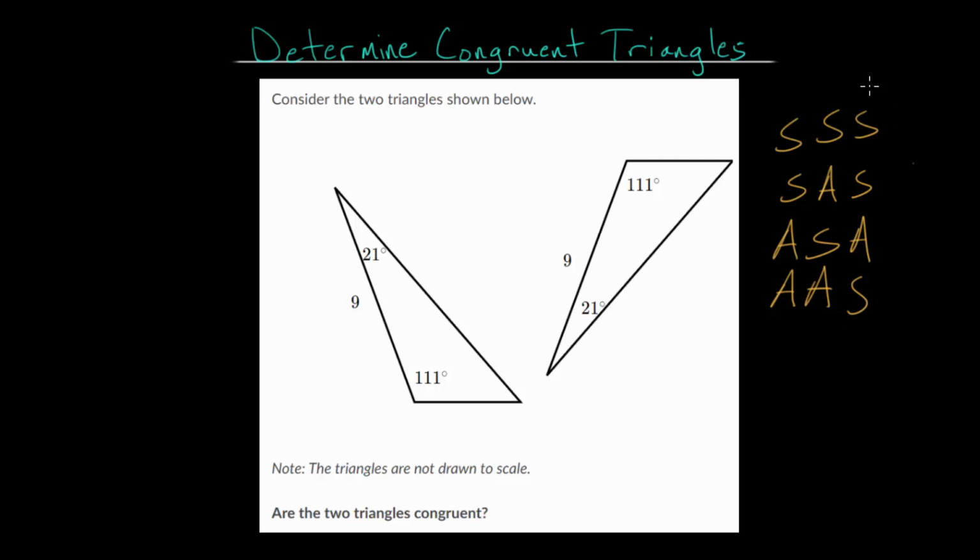And after this, we also have hypotenuse leg, which is a special case of the side-side angle relationship. Now, side-side angle is only true when this angle is 90 degrees. Otherwise, this leads us to two different triangles.